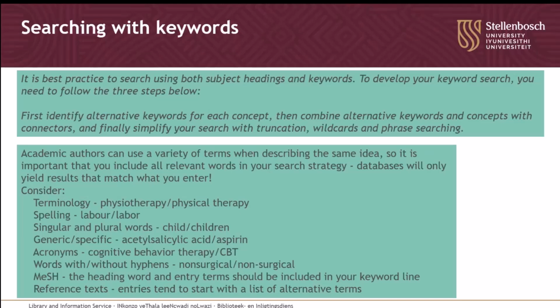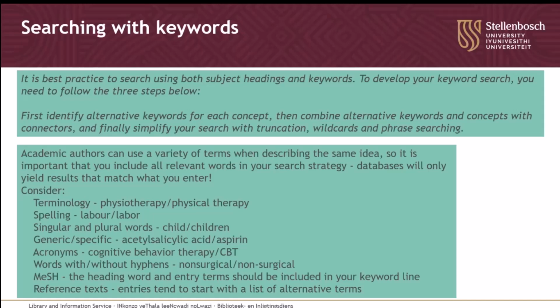The MeSH terms we're going to talk about, and then the reference text that you're going to look at for alternative terms. But in terms of coming back to these different types of terminologies and spelling and all of these generic terms and acronyms, why is that important? Because globally, the databases you're going to search are global. So in the US they talk about other things, but they mean the same thing as in another part of the world.